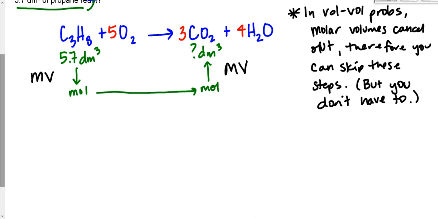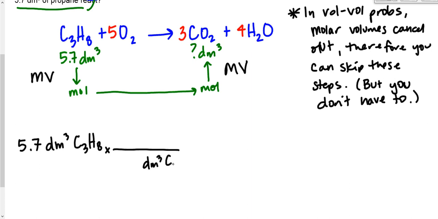If I do this the long way, I start out just like we've done all our other problems. 5.7 decimeters cubed of the C3H8. My first step is to convert that to moles. So decimeters cubed of it on the bottom, moles on top. 1 mole per 22.7 decimeters cubed.